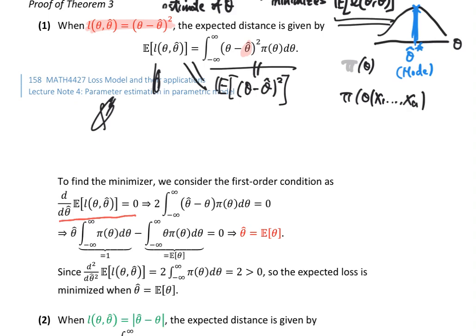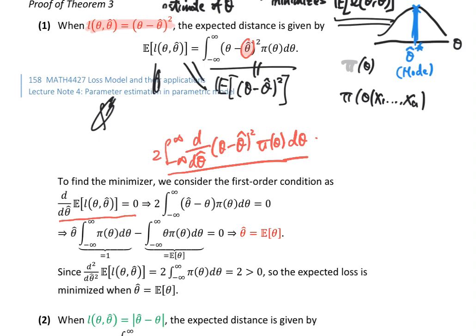Because you only have theta hat involved in your integral, to differentiate this you can simply put the differential operator inside and then differentiate the integrand. Of course, this is just a rough argument anyway. So if you differentiate this, this is what you get, and then you set it equal to 0.